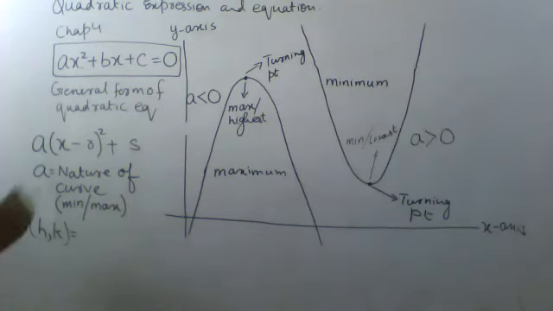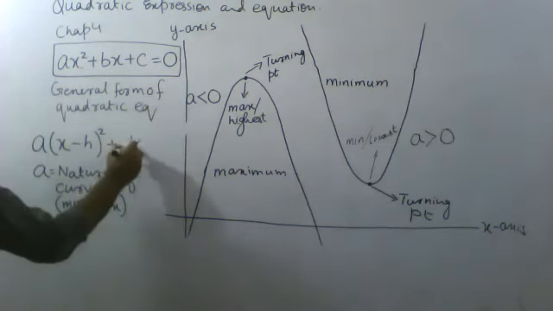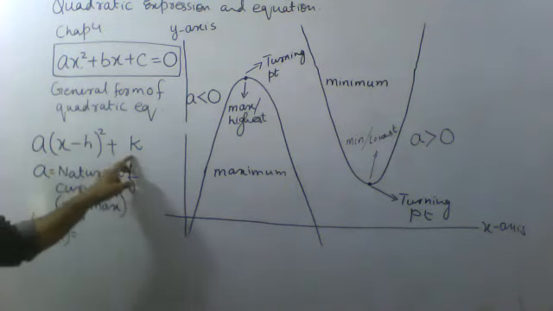Anything can be given, but mostly it is h and k, so that's why I'm representing it with h and k. It's not about what is written over here, it's about its position. This position and this position.